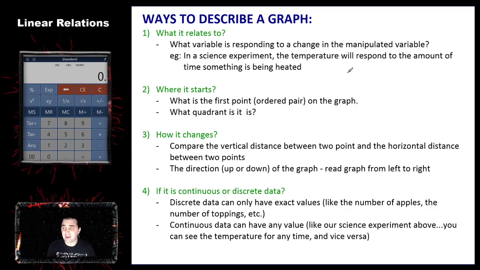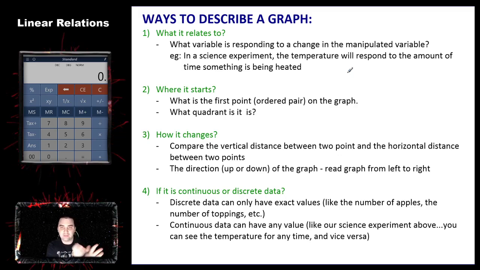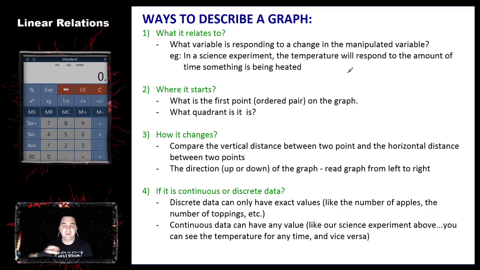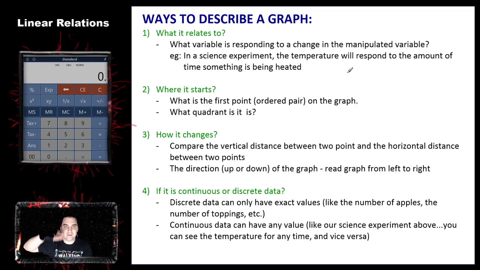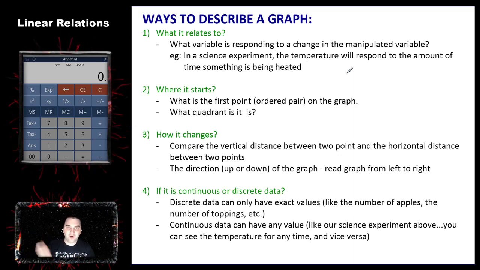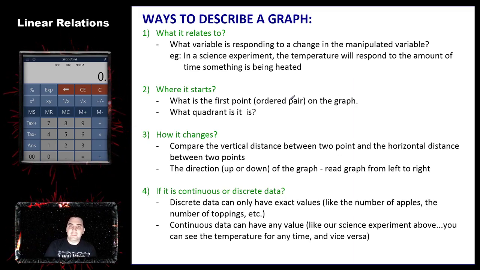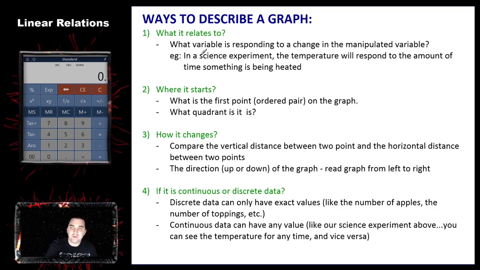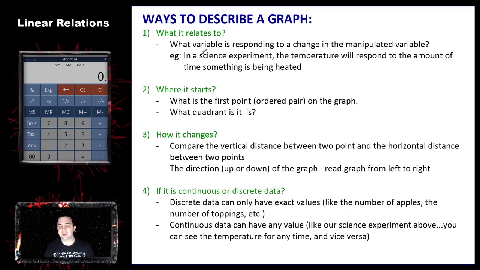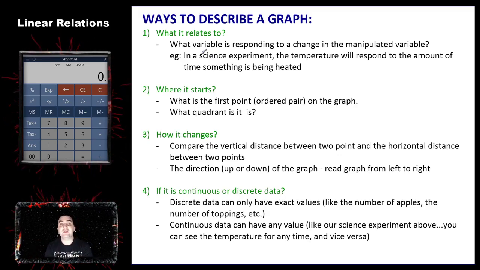We probably have time on the bottom because we'd count it like 0 minutes, 1 minute, 2 minutes, 3 minutes, and then the temperature as it rises or as it falls, it would change. And in that way, we would say that the temperature is relating to the amount of time. So the y-axis is relating to the x-axis.